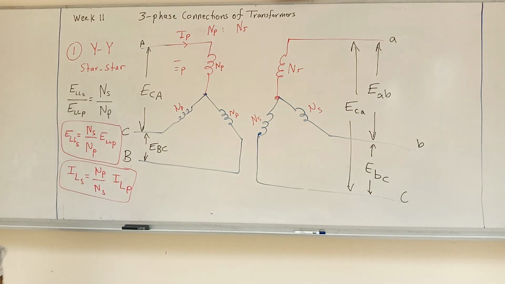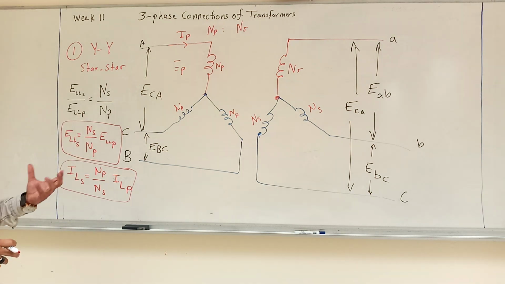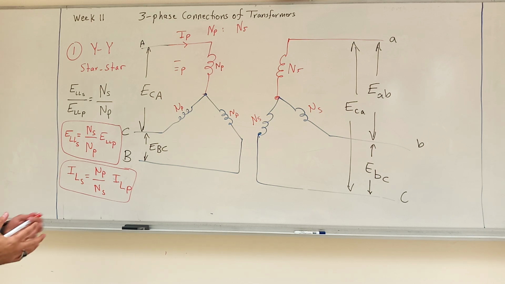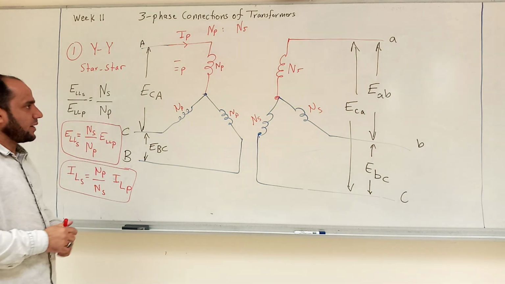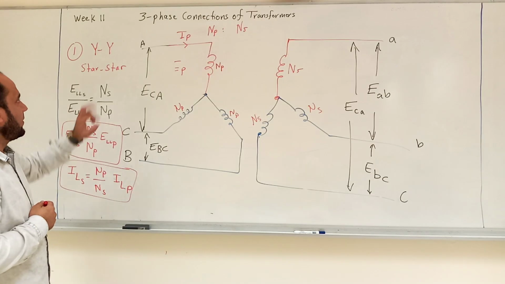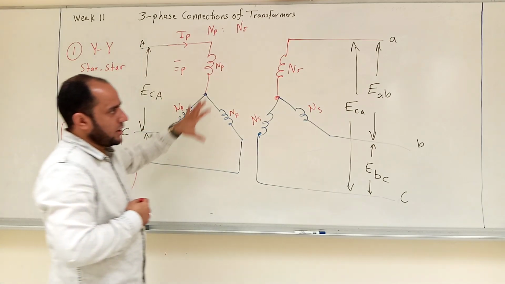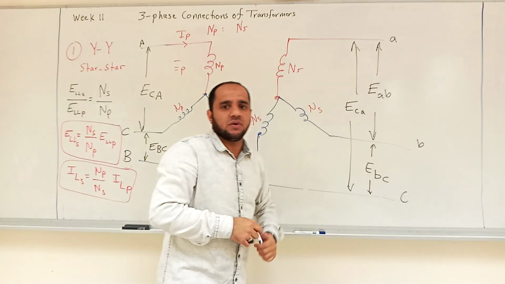This is true only in Y connection. Now, this configuration is rarely used actually, due to the problems of potential unbalanced voltage, third harmonics, and these things. But it is still there, right? So that's the first type of three-phase connection of transformers, star to star or Y to Y. The primary side is Y, the secondary side is Y.